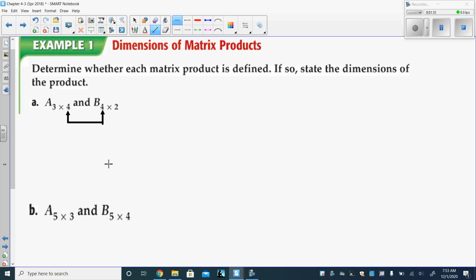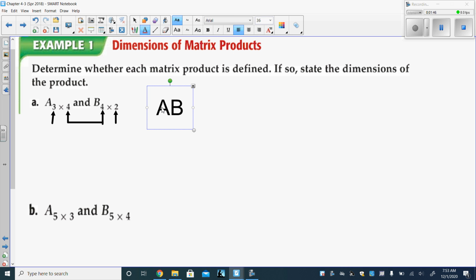We can do A times B. Well, yes, we have 4 and 4. So our new dimensions are going to be 3 and 2. The new dimensions of this matrix, if we do A times B, will be 3 by 2.